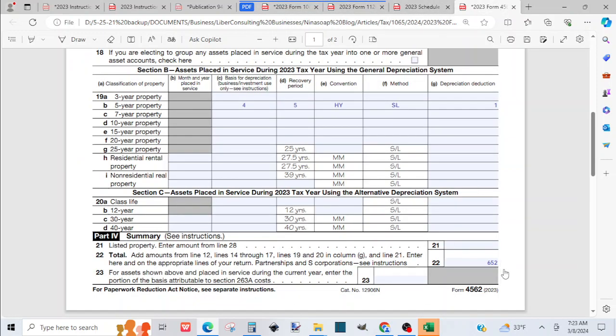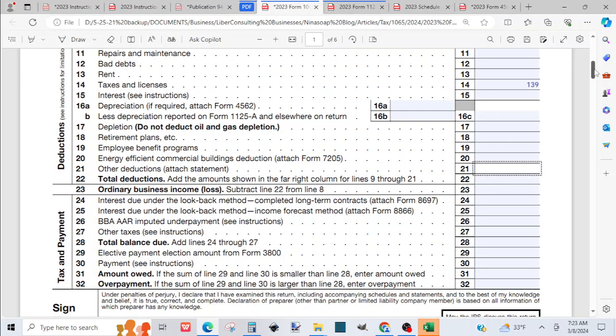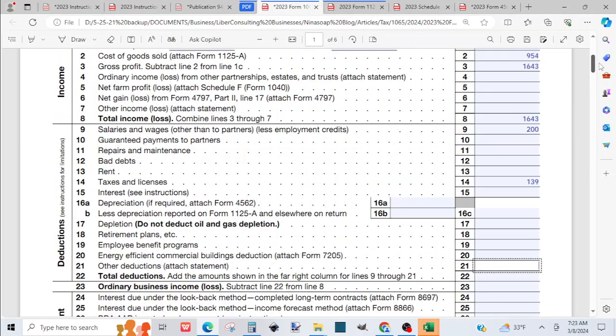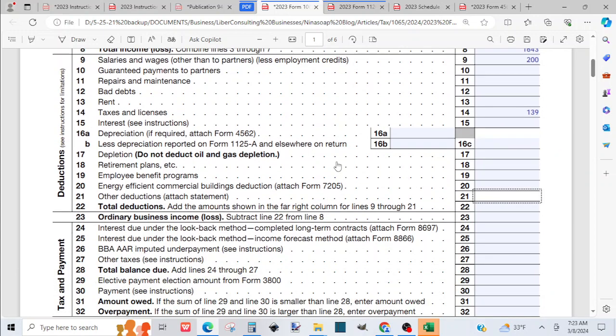If you are filing Form 1120, the total depreciation deduction, you will put on line 16A. And then any that you put on Form 1125-A, you will put on line 16B, and then you will take the difference of the two to put on line 16C.